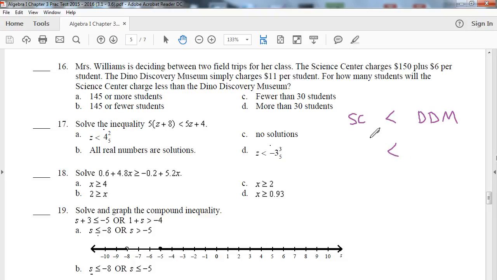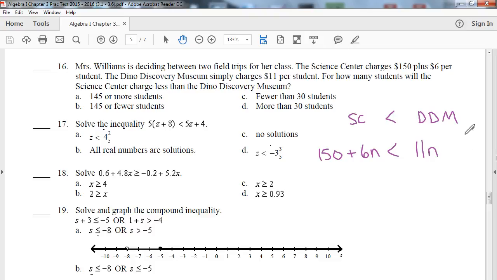So we need to come up with an expression that describes the cost for each place. If the Science Center charges $150 plus $6 per student, you could say plus 6 times the number of students that we take. The Dino Discovery Museum is just $11 per student, so it'd be 11N.